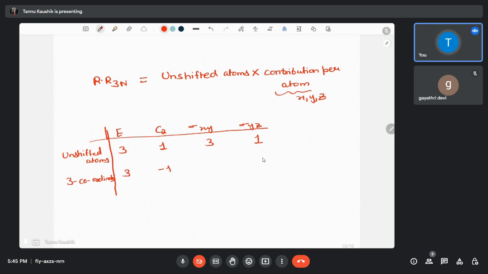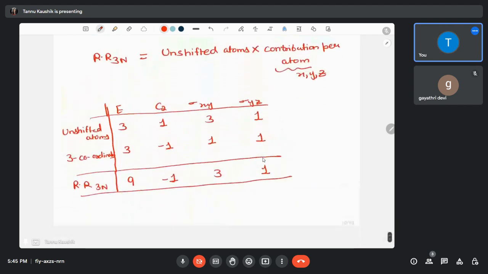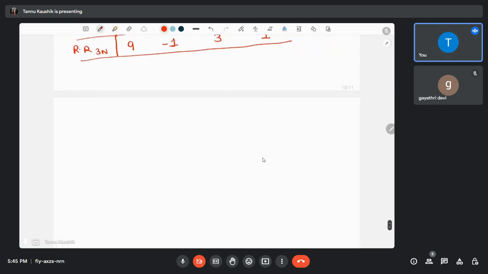With respect to identity, it was 3. With respect to C2, it was minus 1. And for any kind of sigma, it is always 1. So if we multiply these reducible representations for unshifted atoms and three coordinates, we will get the reducible representation for 3n, which is 9, 1, minus 3, 1.